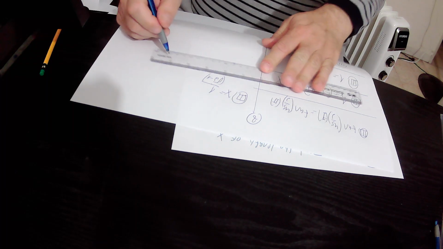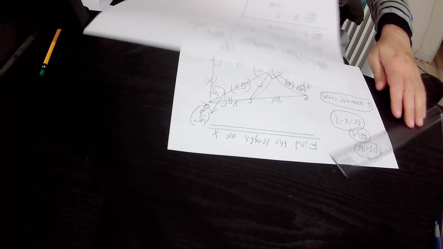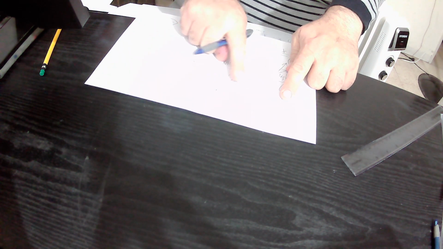I found out the value of x. That is the value that we are looking for. Our mission is to find out the length of line segment BC, which is equal to x.